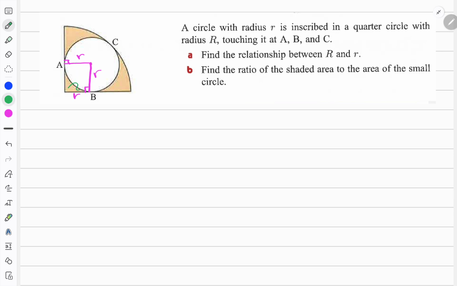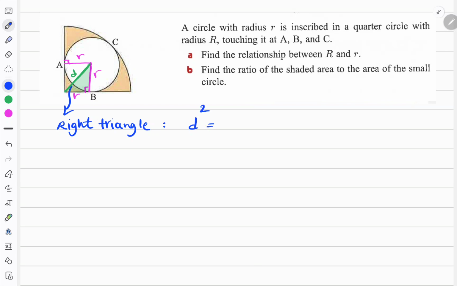And now I'm going to find the diagonal of this square, and I'm going to call this d. So as you can see, we have this triangle, which is a right triangle, and I'm going to use the Pythagorean theorem to find the value of d.